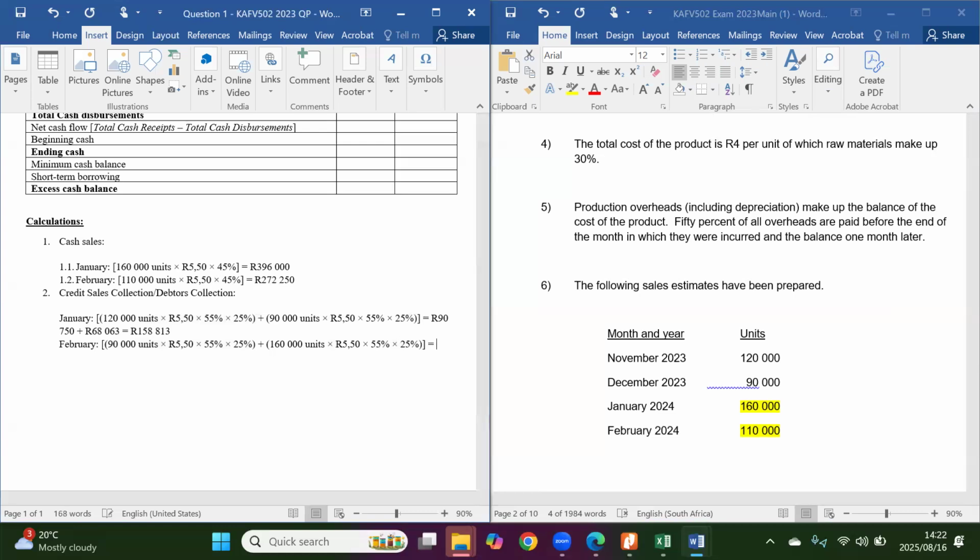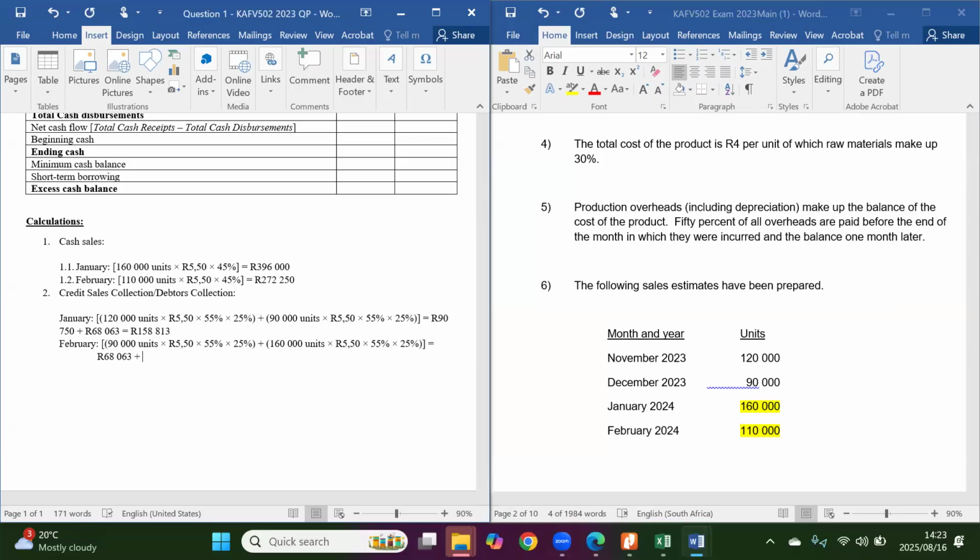So let's do the math. For the first one, 90,000 times 5 rands 50 times 55% times 25% would give you 68,063 rands, which we had already calculated.